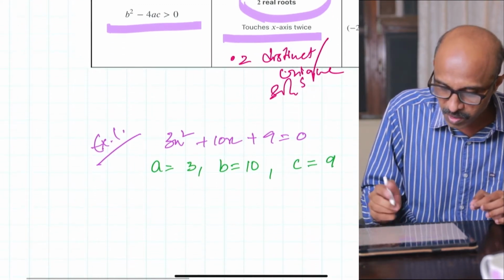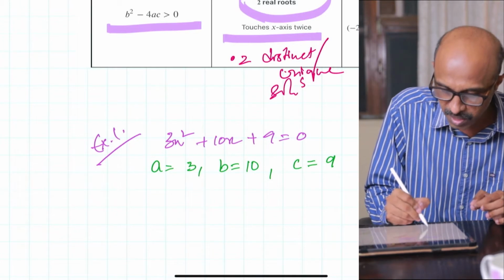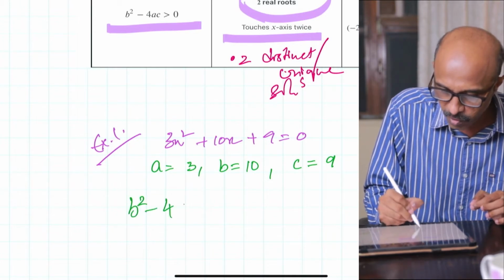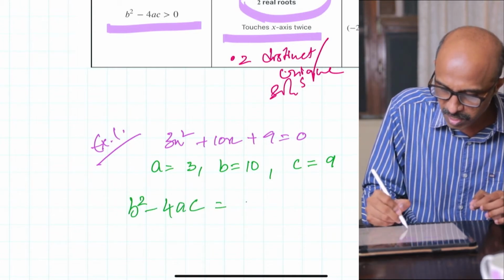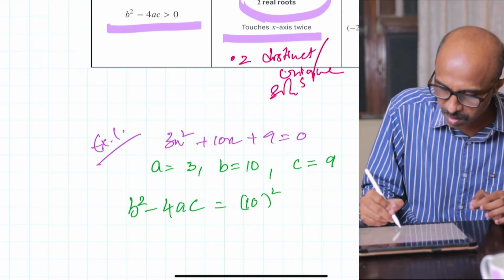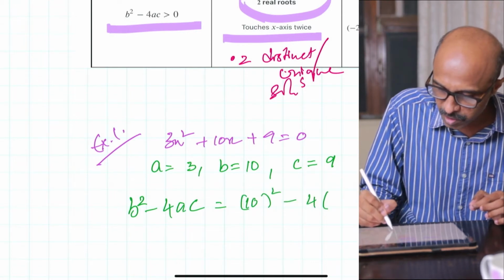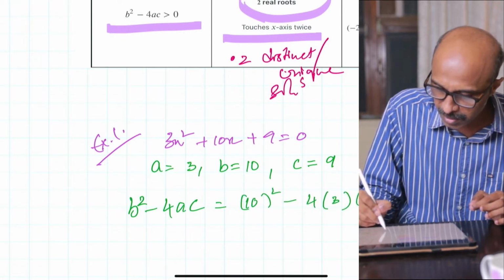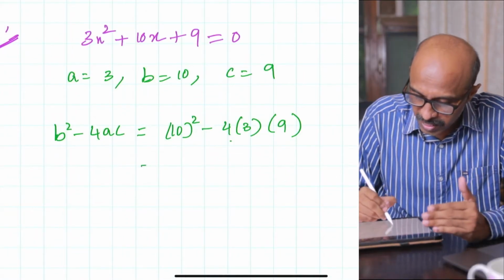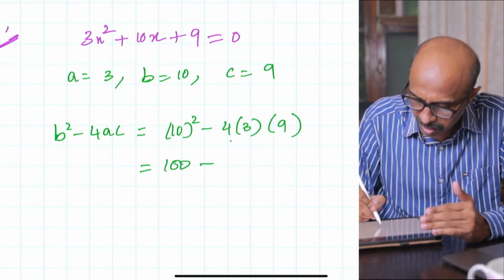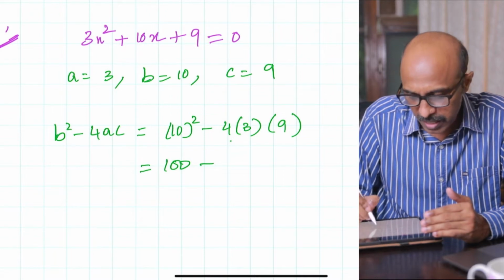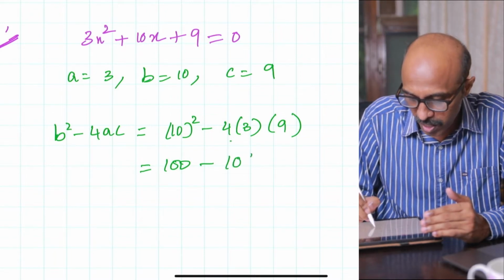So the first thing we do is find out what b squared minus 4ac is. b squared minus 4ac is then going to be equal to 10 squared minus 4 times 3 times 9. When we evaluate this further, we get 100 minus 4 times 3 is 12, 12 times 9 must be 108.